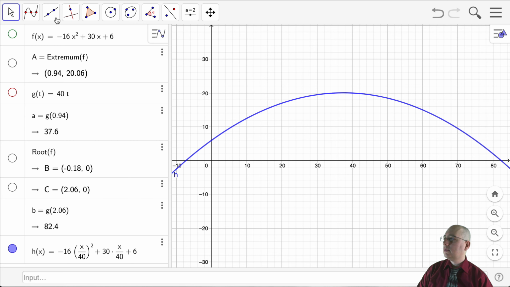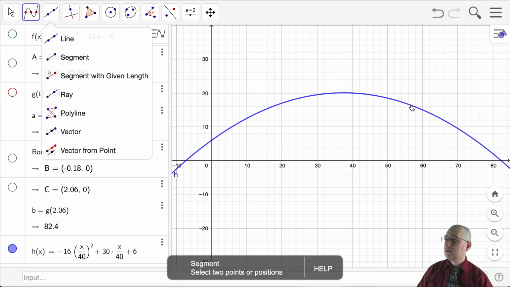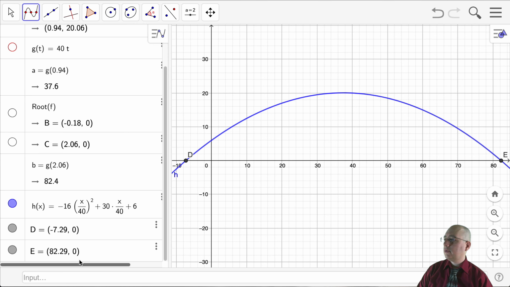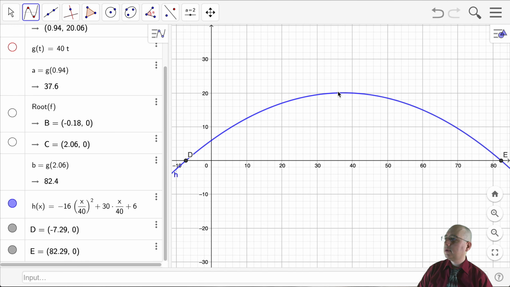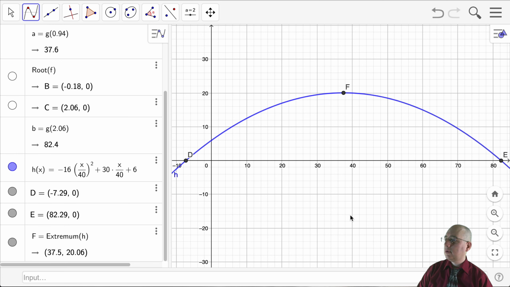And now let's get these roots. E is 82.29, which is close to what we saw before. And the extremum here is 37.5. The wibbly wobbly differences is probably because I didn't actually plug in the solution from the other stuff.